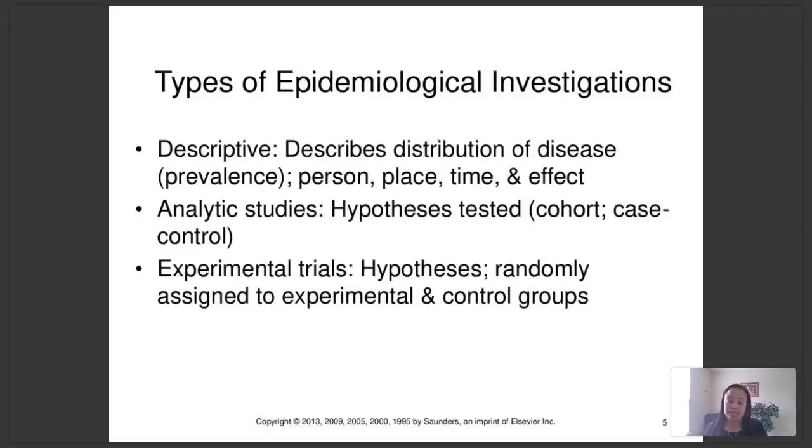So with analytic studies, a couple of the types listed here are cohort and case control. Cohort is basically just that. So for instance, I could look at you guys, the class, as one cohort, and I could have you do some type of exercise program while we have our time together during this course, that will help ease your stress, okay?